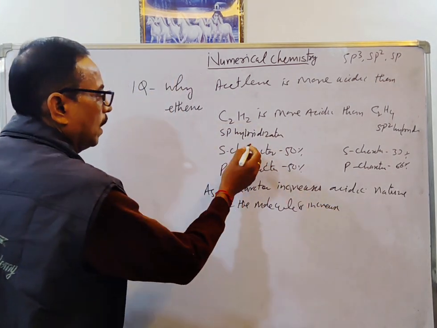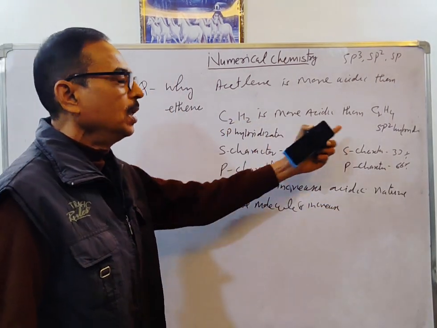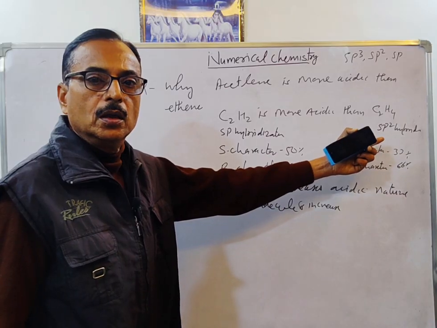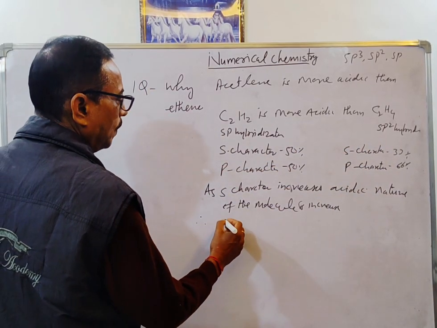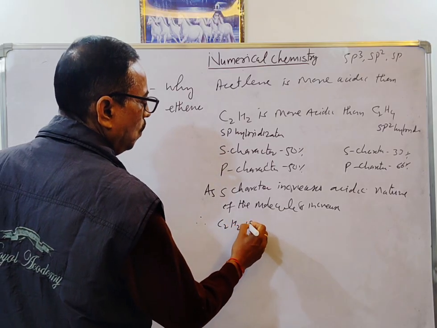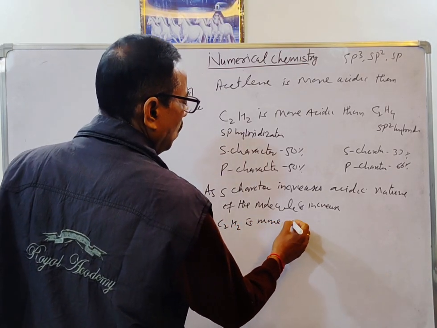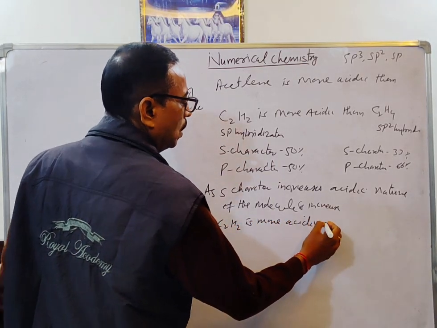It means C2H2 is more acidic than C2H4. That's why, therefore, C2H2 is more acidic than C2H4.